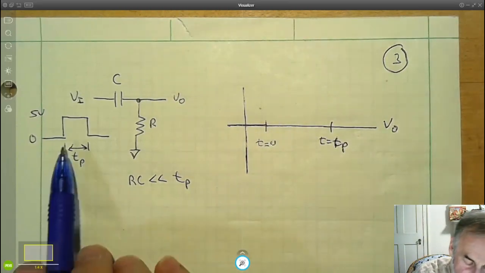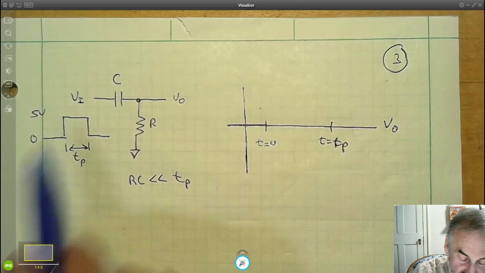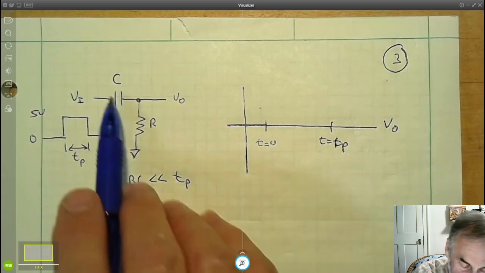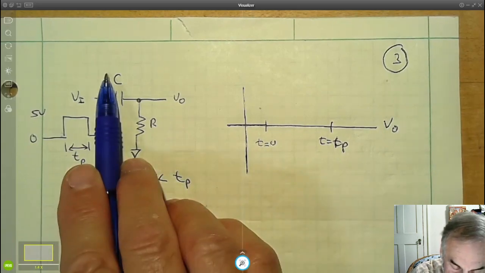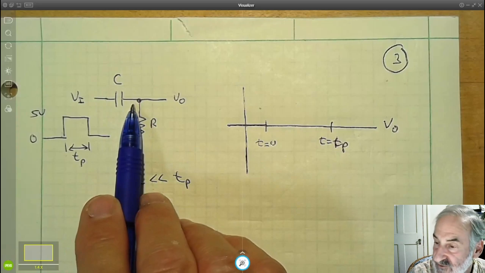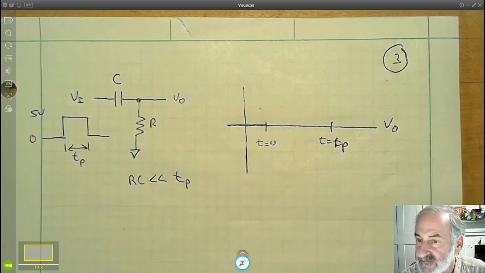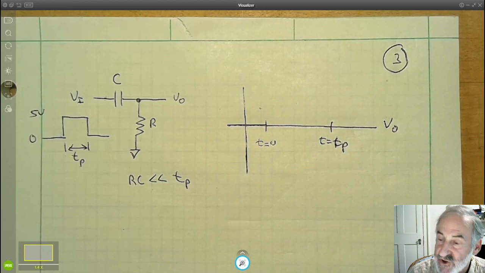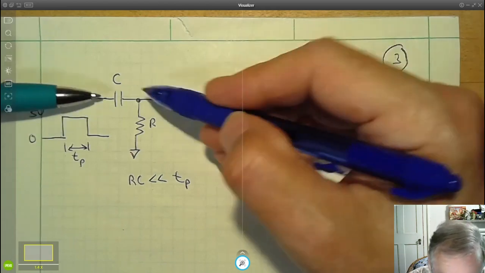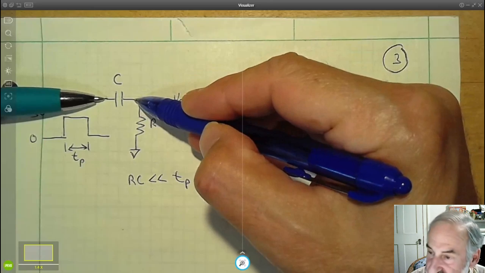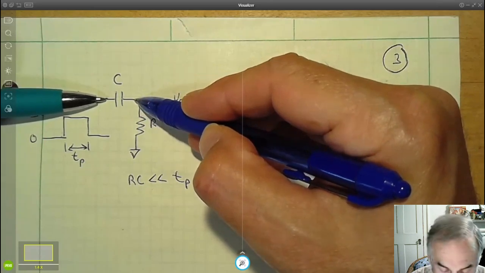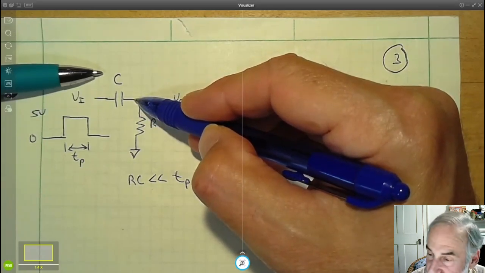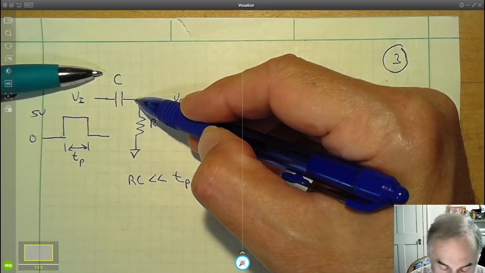Now, at t equals 0, this voltage jumps to 5 volts. Well, if this voltage jumps to 5 volts, what happens to this voltage? Well, we said before that the voltage across a capacitor cannot change instantly. So if this voltage is at 0 and this voltage is at 0 before t equals 0, this voltage jumps up at time t equals 0 to 5 volts.